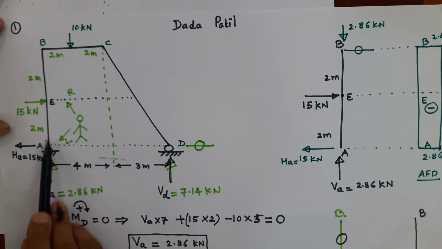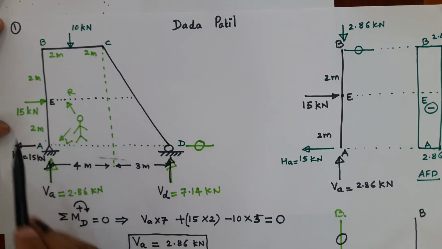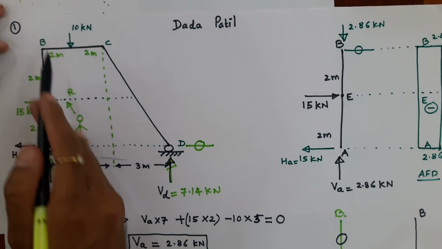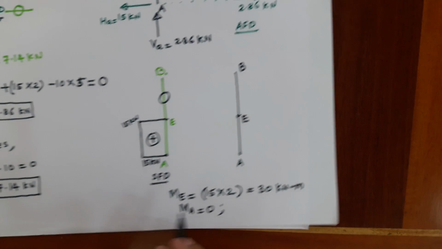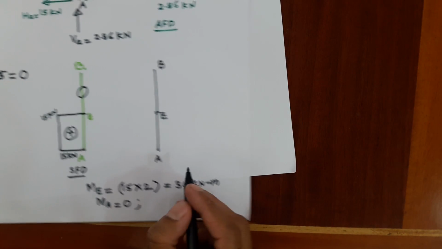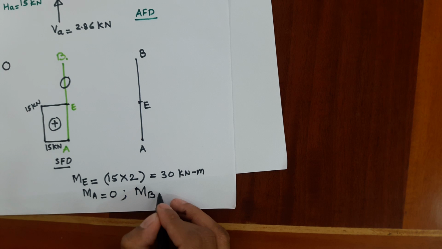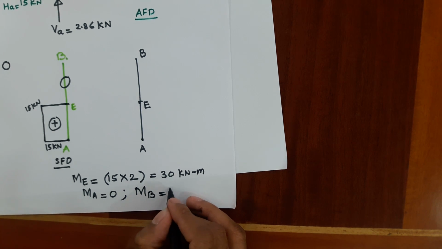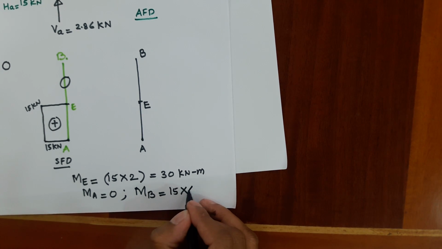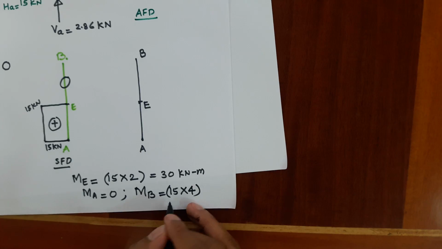Again VA is not creating any bending moment at B because it is axial. HA is trying to open out this like an umbrella. Therefore MB will be 15 into perpendicular distance, which is 4.